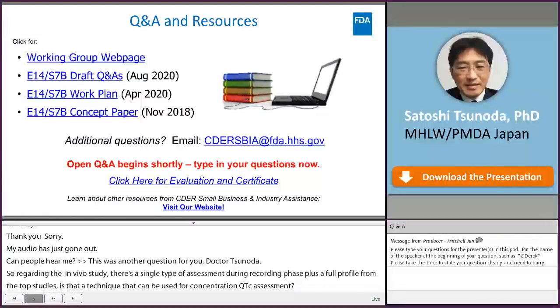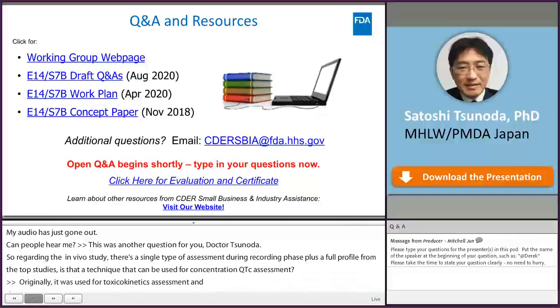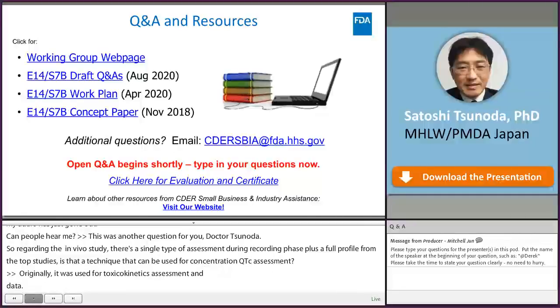Routinely, the in vivo QT assay is useful for the toxicokinetic assessment and data. But for exposure-response modeling, I recommend the PK profiling in the same study. Okay, that's all. Okay, thank you.